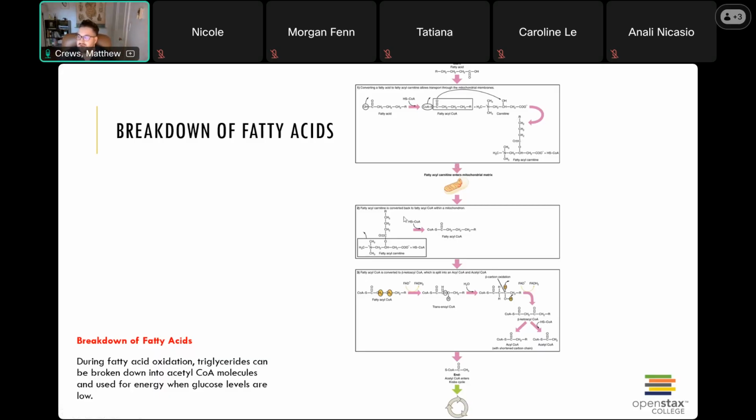Then that fatty acyl carnitine is broken apart and turned back into fatty acyl CoA, over here. So you're basically doing the same reaction to break it apart, and it ends up as the same thing, but within the mitochondria. Why does it do that? Why doesn't it just bring it into the cell?